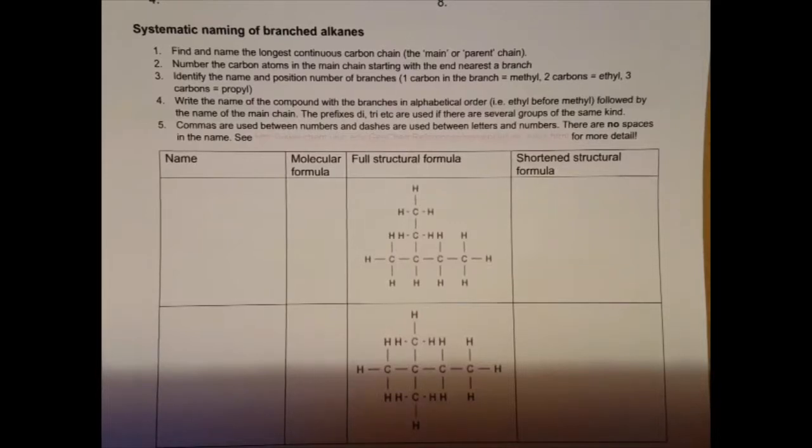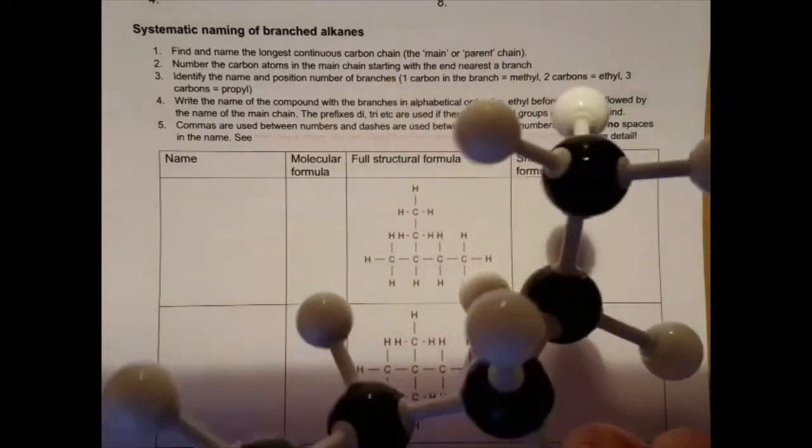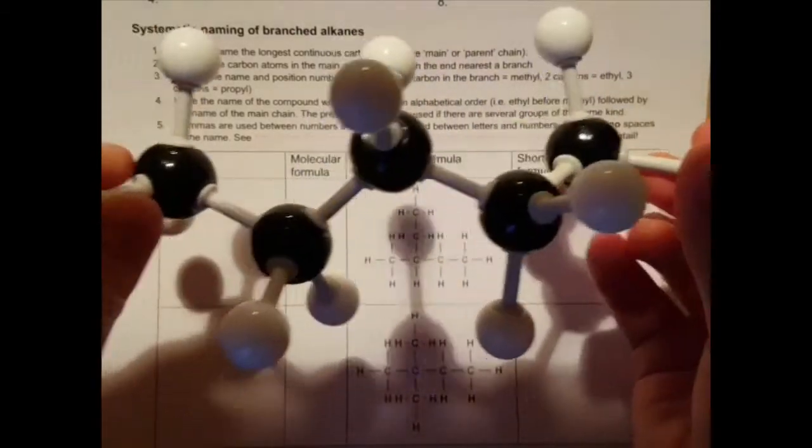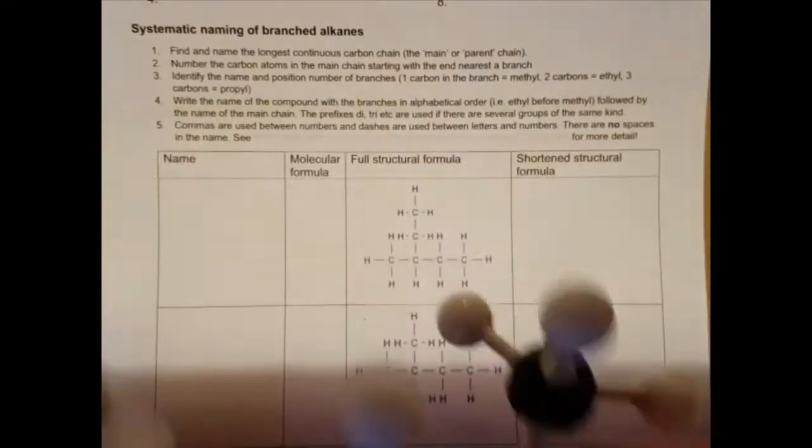And actually, I'll just remind you as well what I mean by a branched alkane. So your normal alkanes, your ones that you've just written down the names and the formulas for, methane up to octane, they would be what we call straight alkanes, where we have all of the carbon atoms connected in one linear chain.